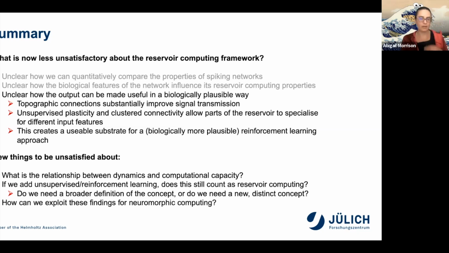It's not in my nature to be entirely positive about things, so I've found some new things to be unsatisfied about. What I haven't really discussed here at all is the relationship between dynamics and computational capacity. Believe me, if I had something clever to say on this matter, I would definitely have said it.